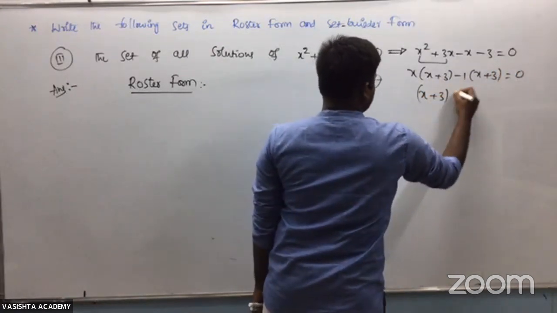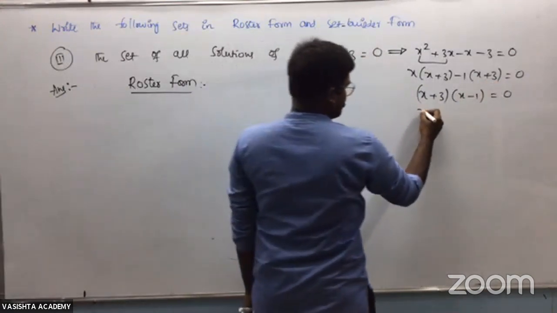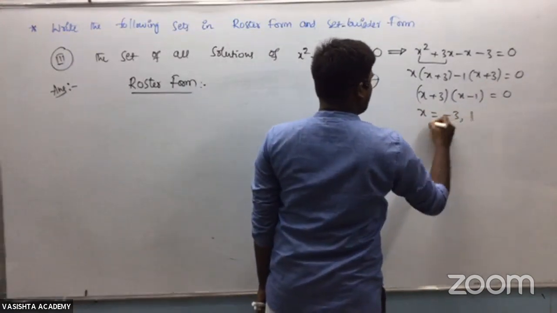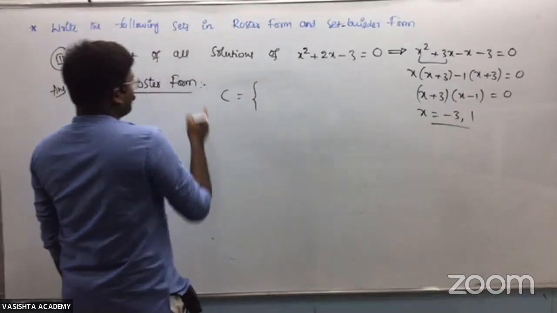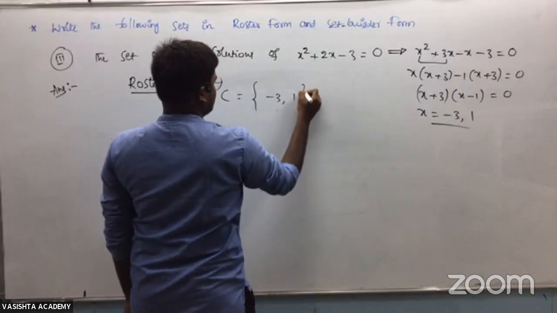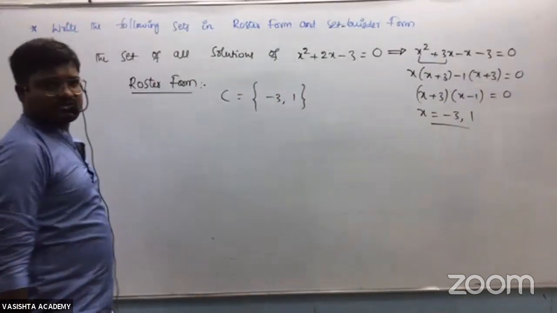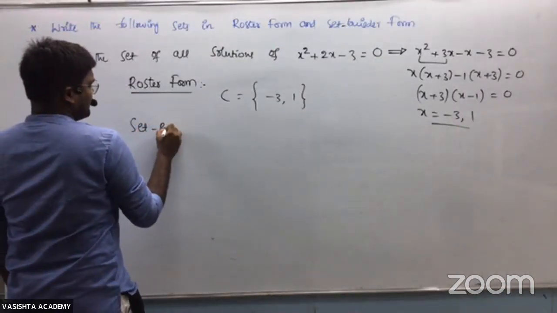So x plus 3 into x minus 1 equal to 0. So x equals minus 3, 1. If I assume this set is C in roster form, what will be the representation? It is just minus 3 comma 1. Now, set builder form.